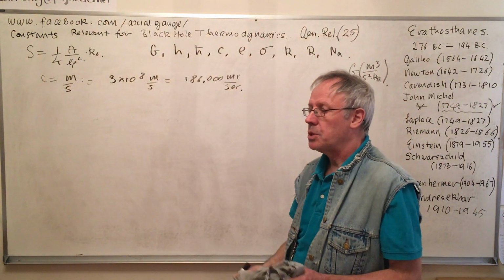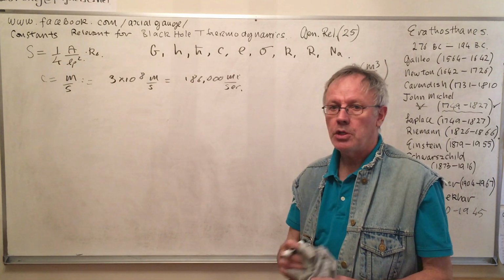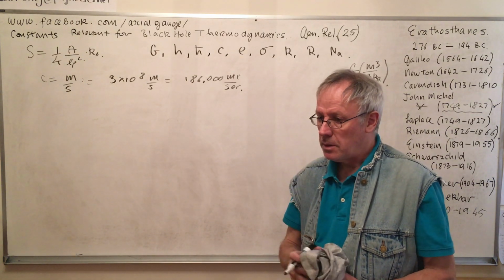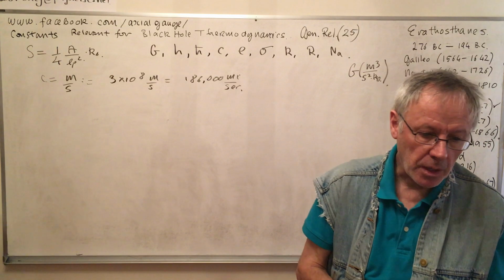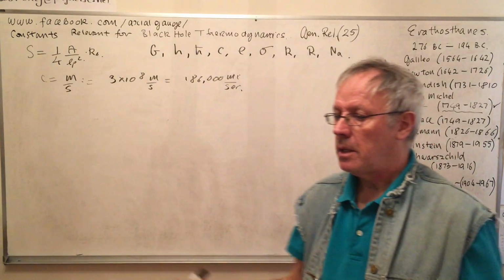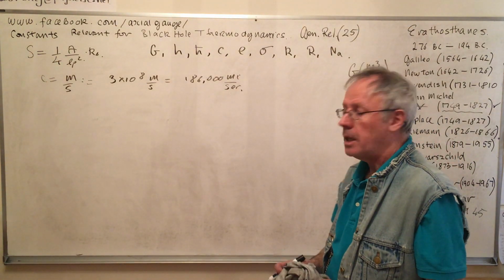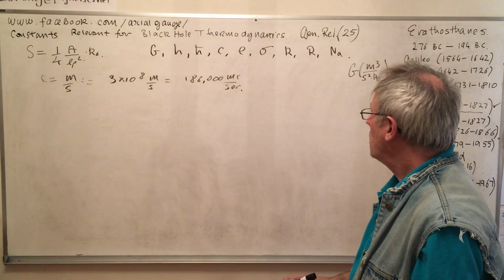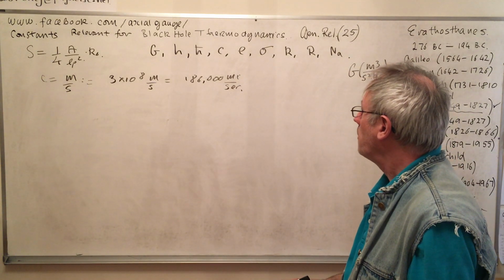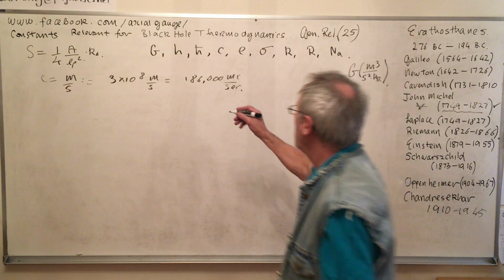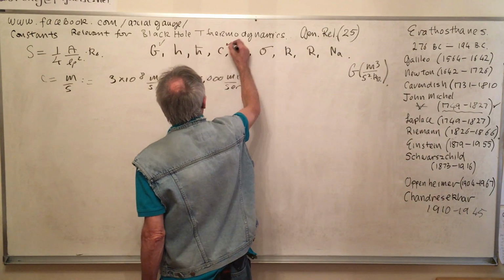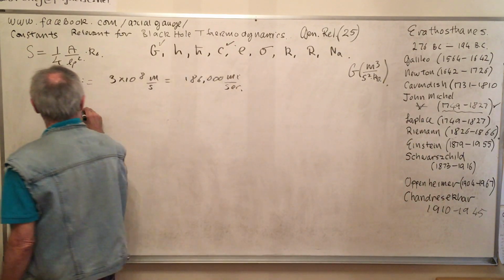Galileo tried to measure it, but it was too quick for him. Romer measured it using the moons of Jupiter, and Fizeau measured it using liquids flowing. So the speed of light, that's an easy one to get out of the way. The G we got out of the way. The c we got out of the way. Now let's look at this.